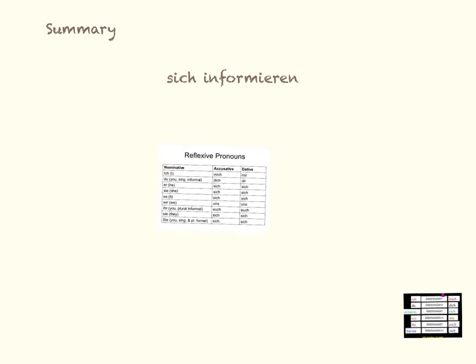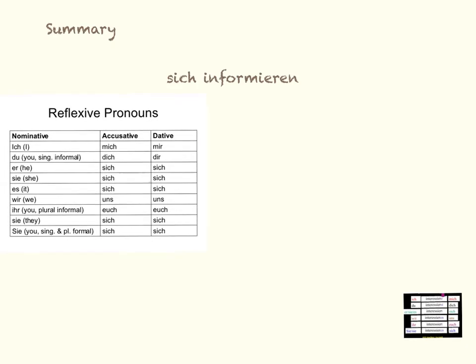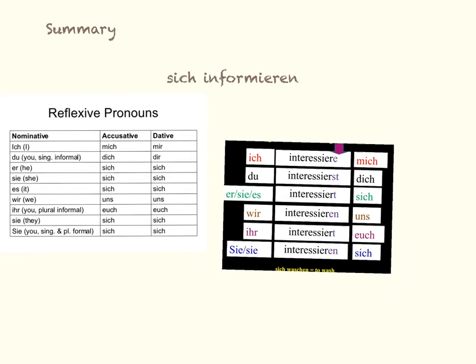I guess you could say that the reflexive pronouns here are almost the equivalent of English myself, yourself, himself, herself, itself, ourselves, yourselves and themselves. Okay, so that's what the reflexive pronoun is. So, as we have looked at, it isn't particularly difficult.